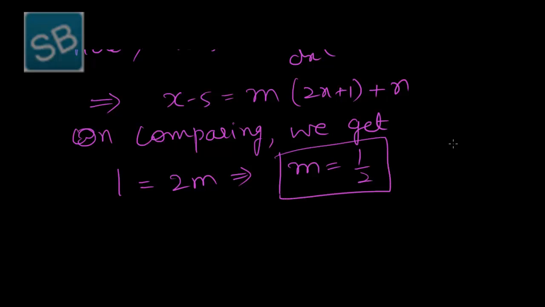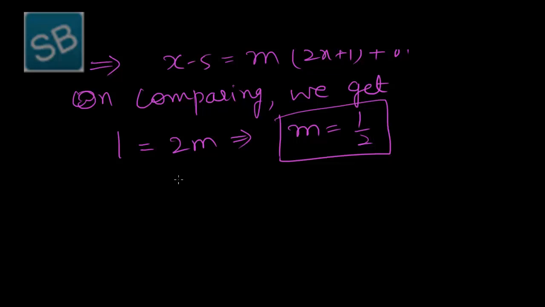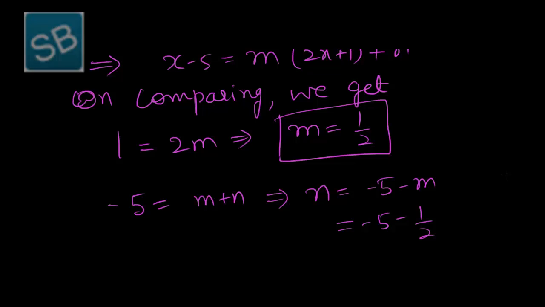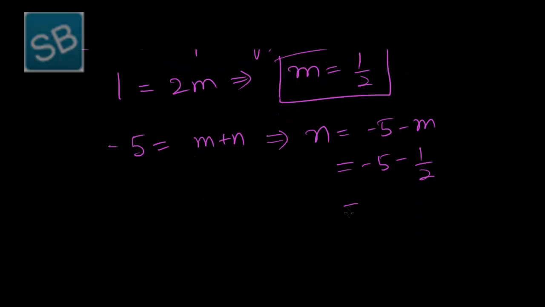And on comparing the constant, on the left hand side it is minus 5 and on the right hand side it is m plus n. So we get n is equal to minus 5 minus m, that is minus 5 minus half. So we get minus 11 by 2. Therefore, n is equal to minus 11 by 2.